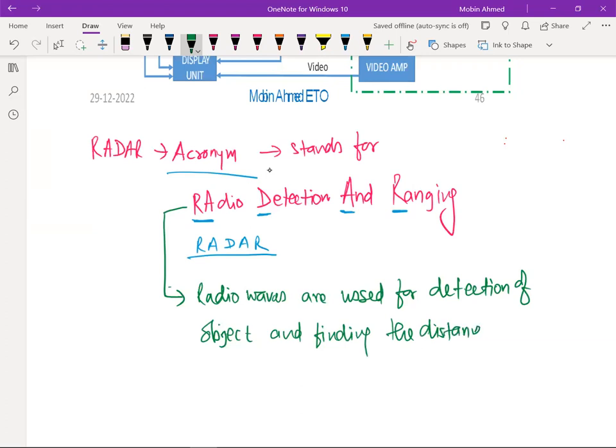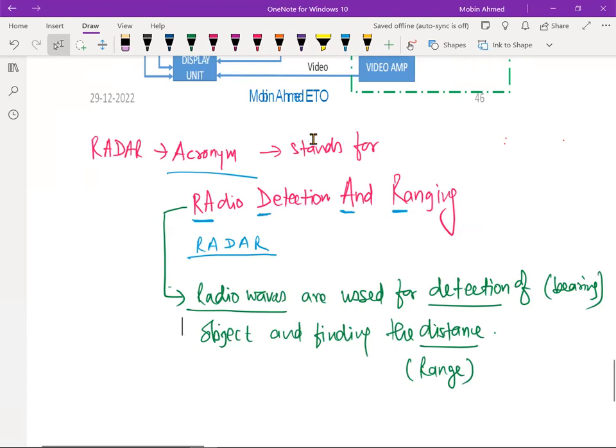Detection means in which direction it is. So that is the detection, and finding the distance is known as ranging. So there is the range. Detection of object, that is the bearing. So bearing and range, this is how radio waves are used for that. So this is the acronym of radio detection and ranging.